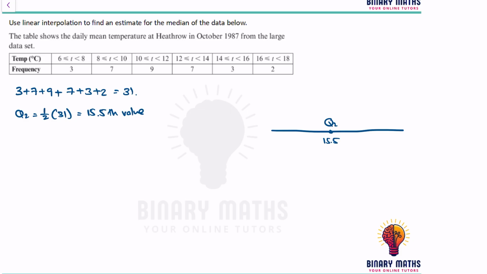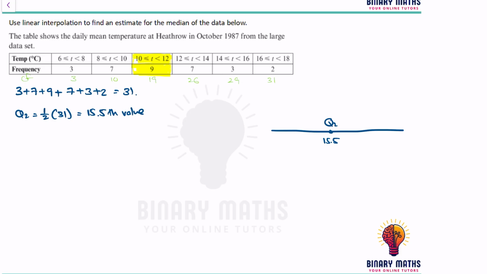If I draw a diagram, I know Q2 is the 15.5th value. If I do a cumulative frequency, this is 3, 3 add 7 is 10, 10 add 9 is 19, 26, 29, and 31. Because I'm looking for the 15.5th value, it would be in this class interval. Here it's up to 10, and the previous one is up to 10, here it gets to 19. So it's somewhere in the 10 to 12 class interval.